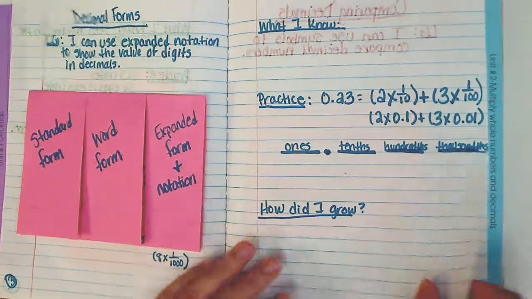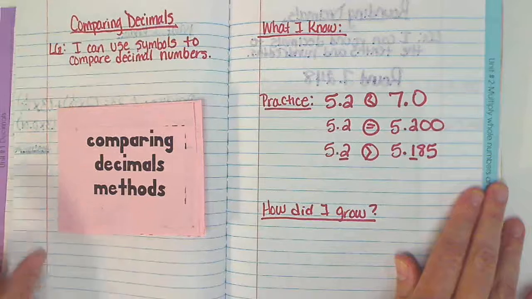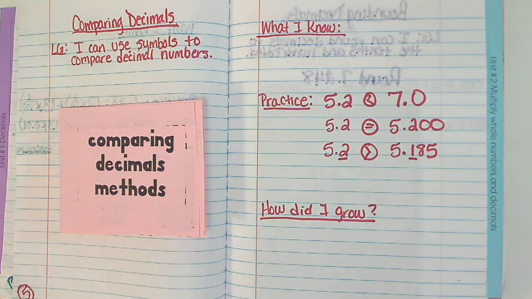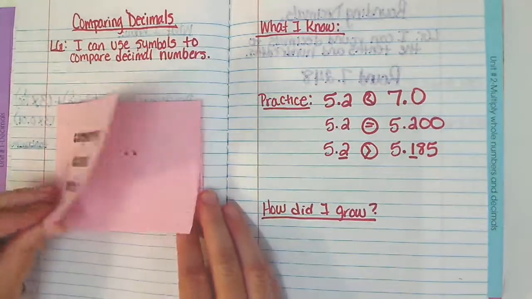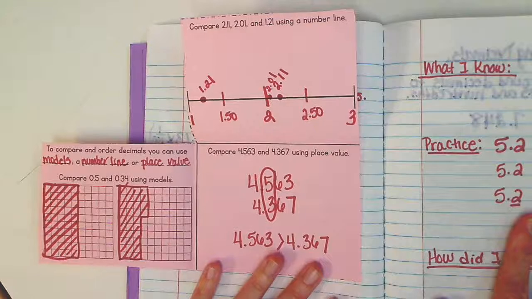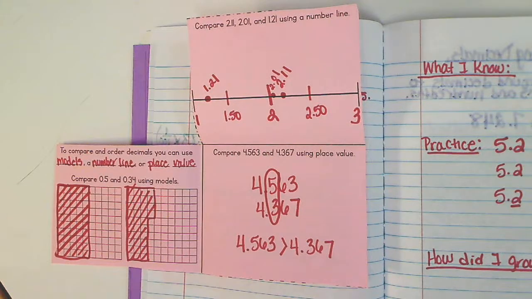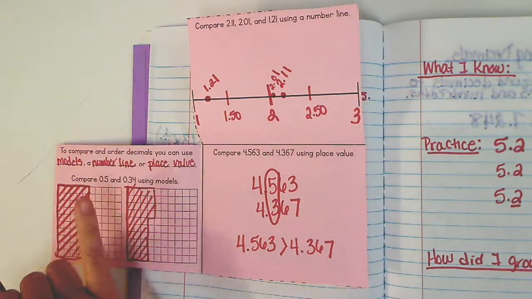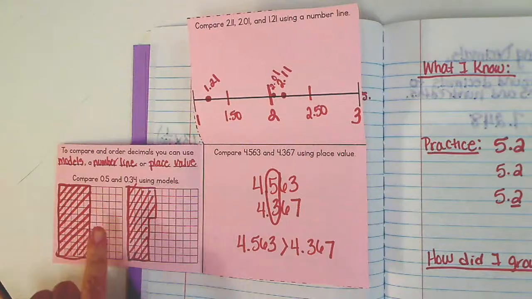After we've done the decimal forms, we've moved on to comparing decimals. When we're comparing decimals, we are just getting two decimal numbers and comparing them. We talked about this today with the students, and you can use models. So these are base 10 models.